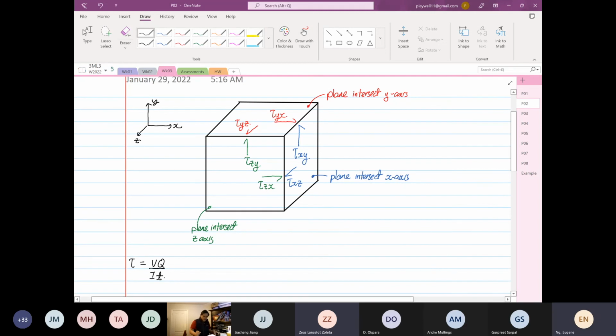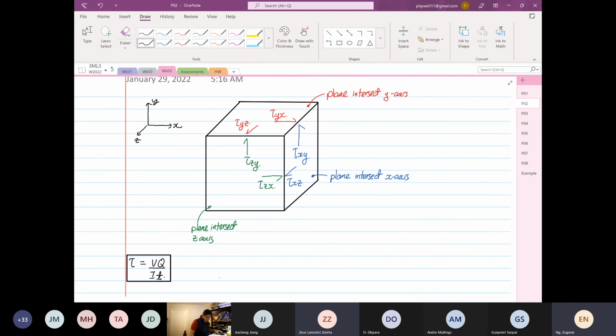Okay, VQ over IT. So this formula is very important. A simple formula, but not easy to analyze. I'll tell you the first: it's a simple formula, but not easy to analyze.